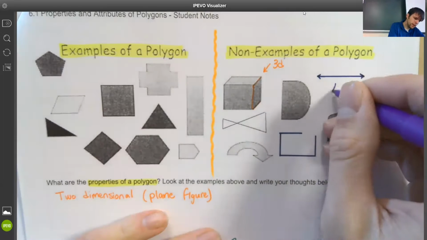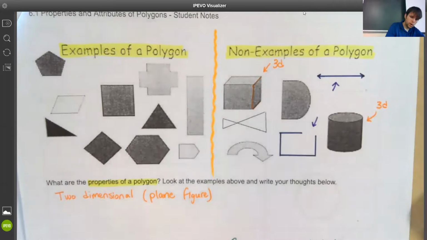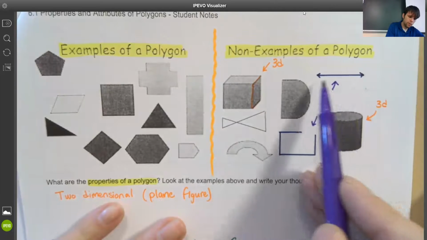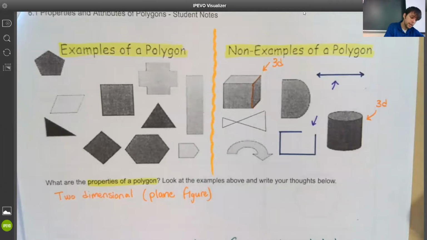These two figures right here and right here both kind of illustrate a somewhat similar idea about what makes something not a polygon. Neither of these two things are going to be considered closed. There's not a clear inside or an outside. Now, with this line, it's obvious that there's not really an inside or an outside. It's just a singular line.